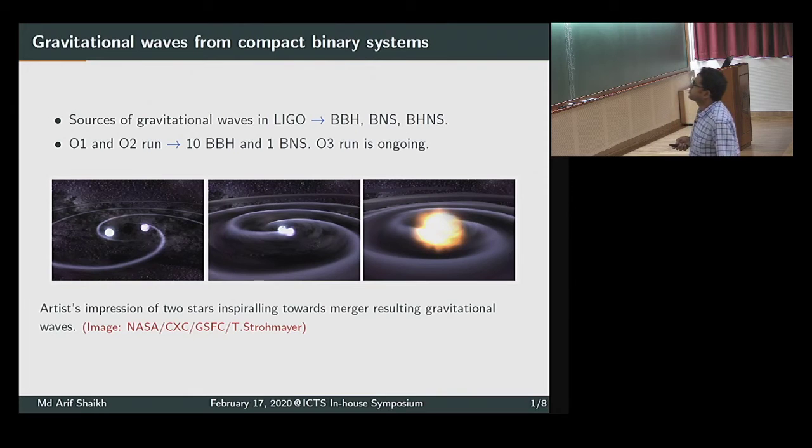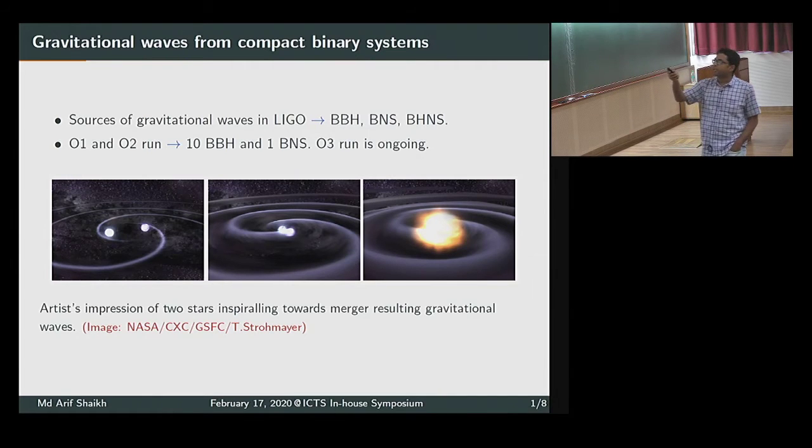This is a picture of how the inspiral proceeds to merger. This is for neutron stars, but black holes follow the same inspiral and finally merge, and all the way they give gravitational radiation.